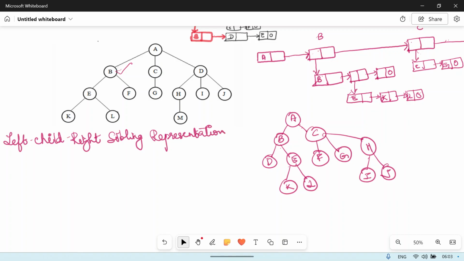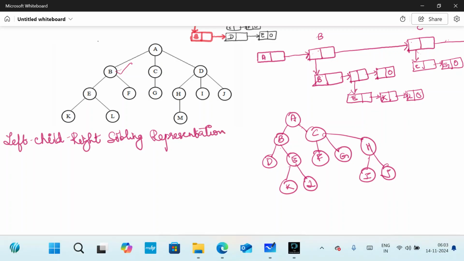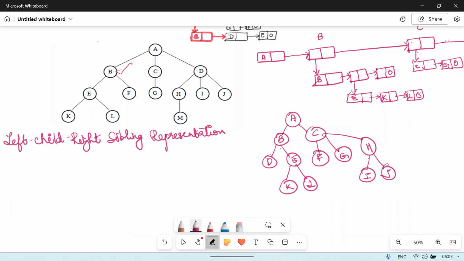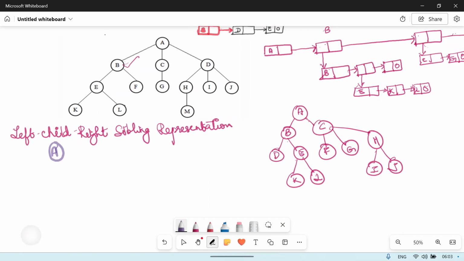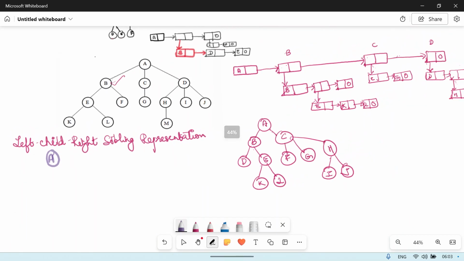What you have to do is take the root node first. So I will write the root node as A. Correct? Root node is A.